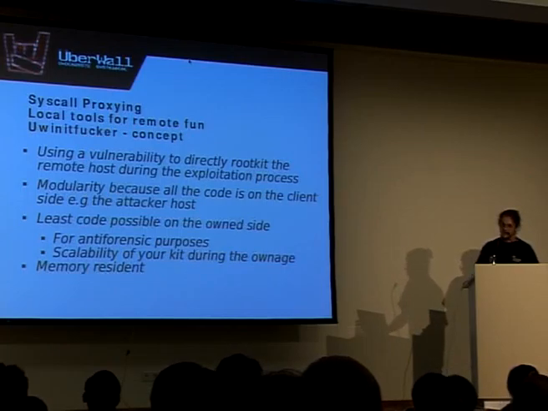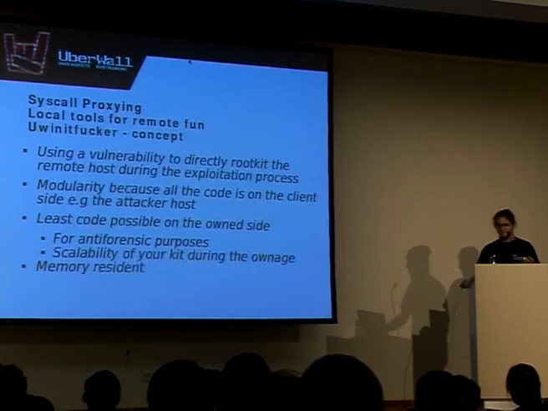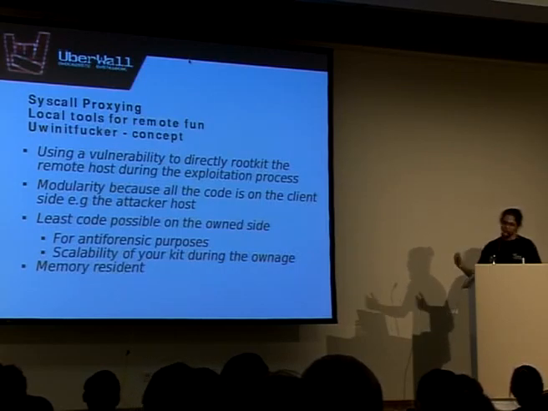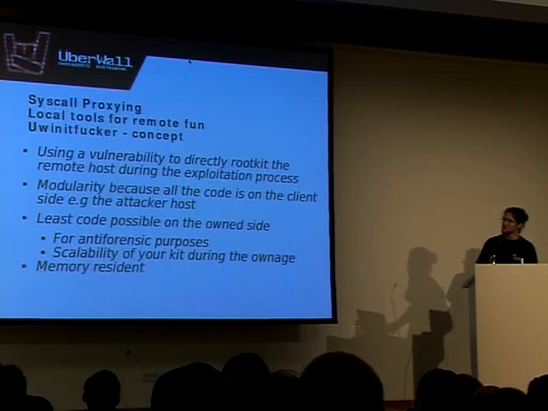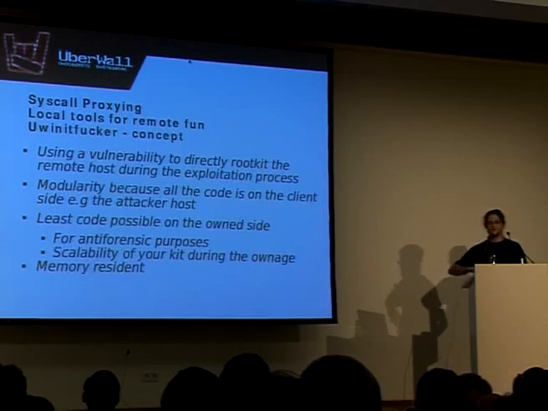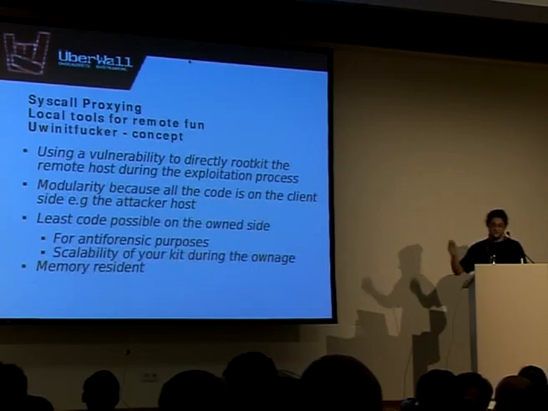So, the basic concept of my lightweight rootkit. You use a vulnerability to directly rootkit the remote host during the exploitation process, all in one time. It's really modular because all the different tools you need are locally stored.